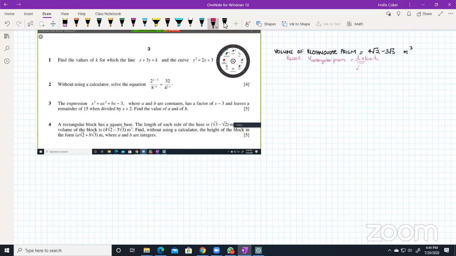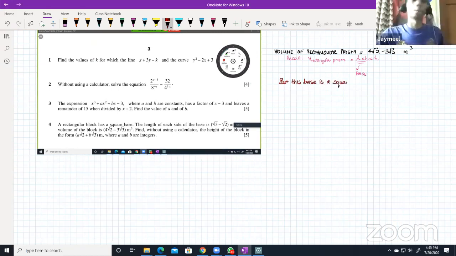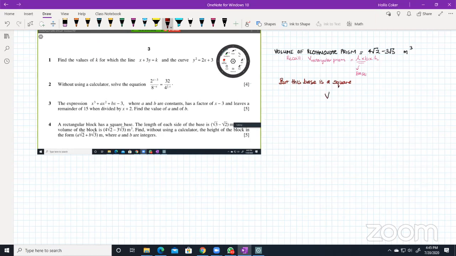Let's say that's the base, so it's area of base times height. But the base is a square, and therefore the volume of that prism or rectangular block is going to be side squared by height.